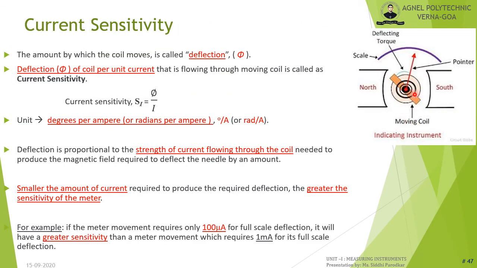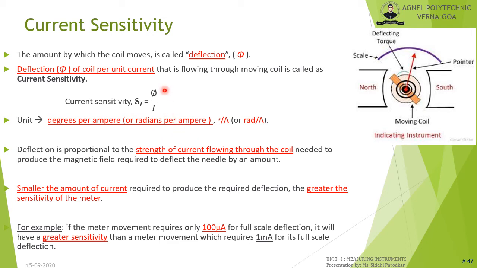The amount by which the moving coil moves is known as deflection. It is denoted as phi. Deflection of the coil per unit current that is flowing in this moving coil is known as current sensitivity. Current sensitivity is given as S_I is equal to phi upon I. Unit for the current sensitivity is degrees per ampere or radians per ampere.